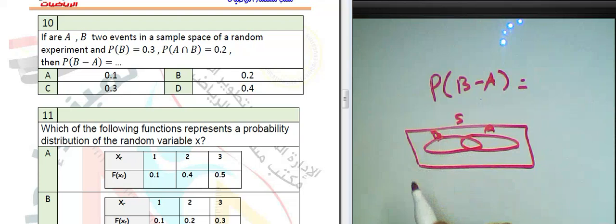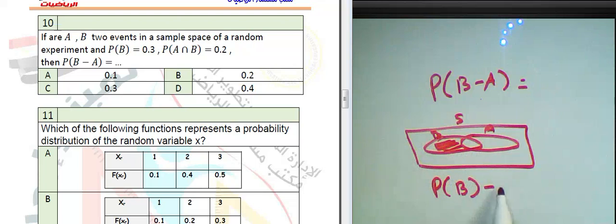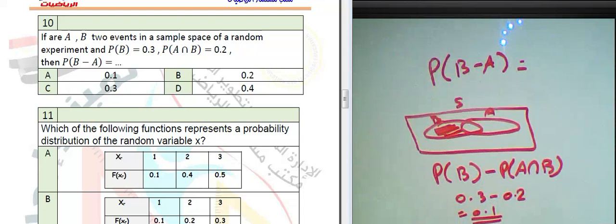We want to find this area, B difference A. This part we can find by probability of B, all the elements in B, subtract probability of A intersection B. Probability of B gives us 0.3, subtract probability of A intersection B, 0.2, the result will be 0.1. So the difference between them is 0.1. We must choose letter A for question number 10.